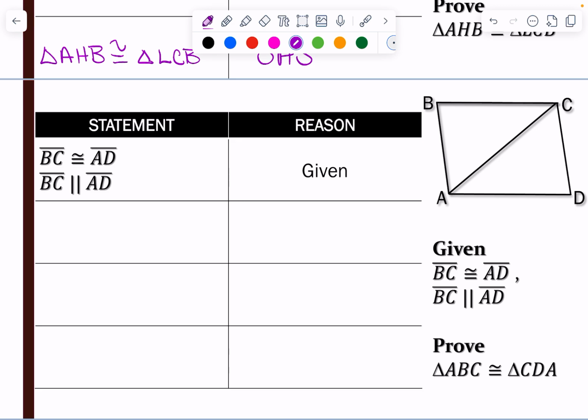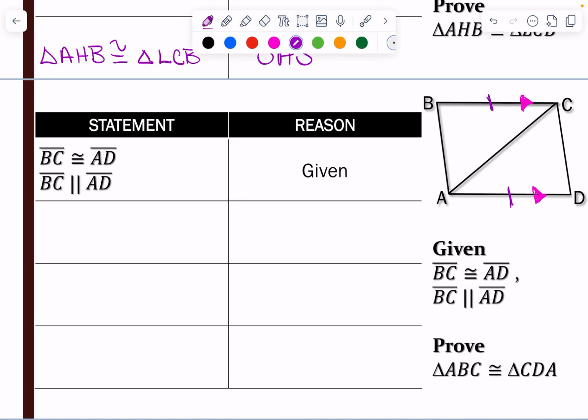Let's see what we can do. So we know that BC is congruent to AD. We also know that BC is parallel to AD. Now, if we're thinking ahead here, I'm looking for things that I can also get.